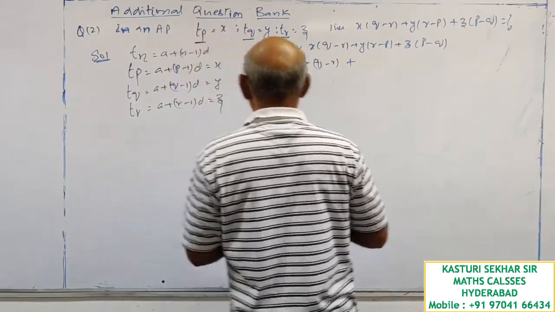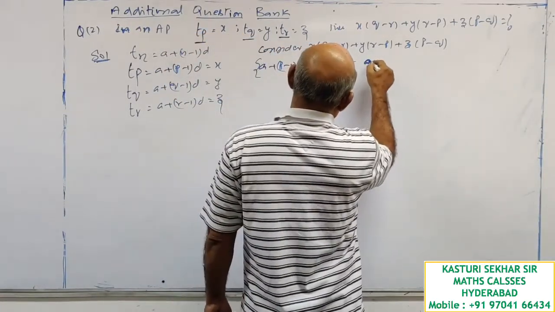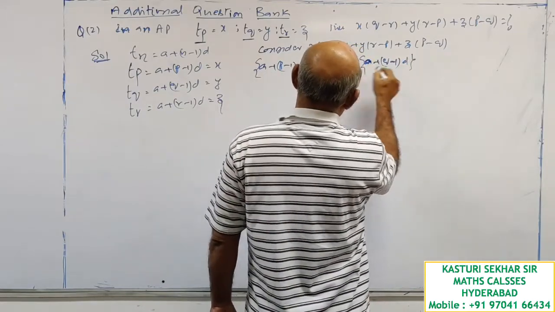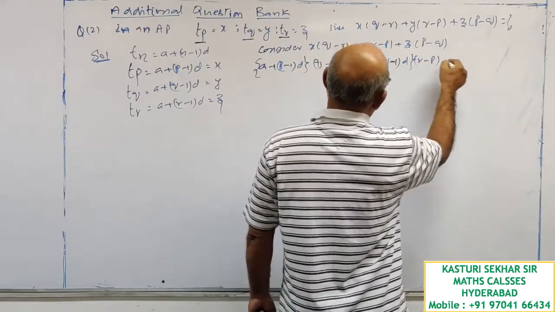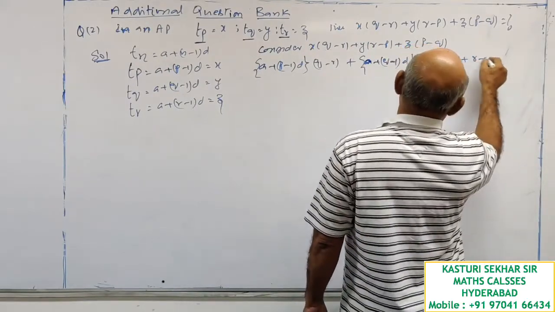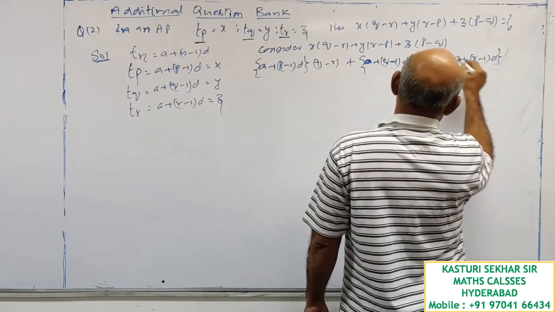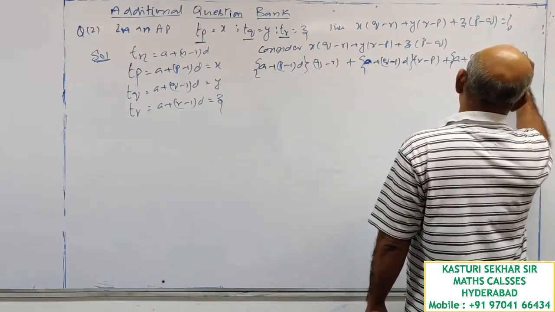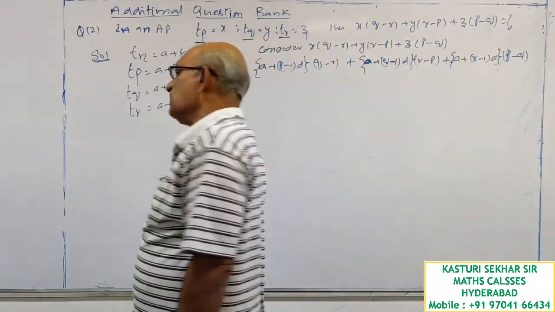Y I am replacing with (A plus (Q minus 1) into D) multiplied with (R minus P). Z, the value of Z, I am replacing with (A plus (R minus 1) into D) multiplied with (P minus Q).